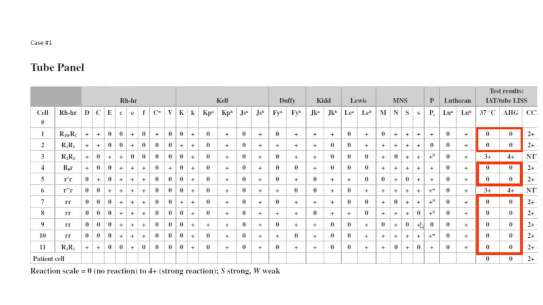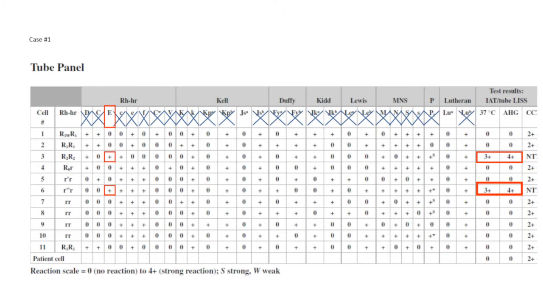So if we do all of our cross-offs, right, what do we identify? We identified an anti-big E. We can see here that we are able to cross off most of the antibodies to most of these antigens. A couple that we cannot, because they don't actually have presence on the panel, are the Lutheran A and the Js a.